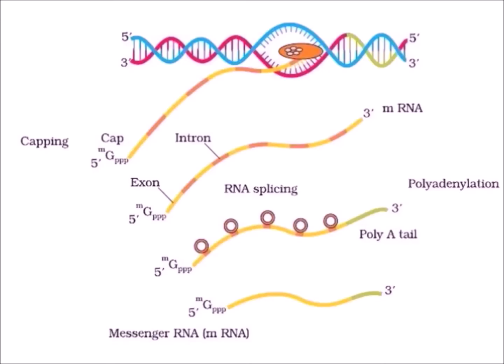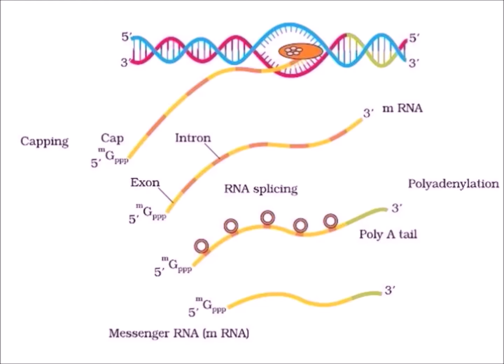We can see through the following slide how eukaryotic transcription takes place and what the major complexities are. In eukaryotic transcription, the RNA polymerases have a clear-cut division of labor. RNA polymerase 1 transcribes rRNAs like 28S, 18S and 5.8S, whereas RNA polymerase 3 is responsible for transcription of tRNA, 5S rRNA and snRNAs.